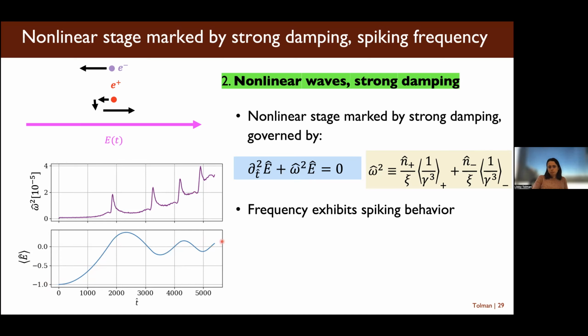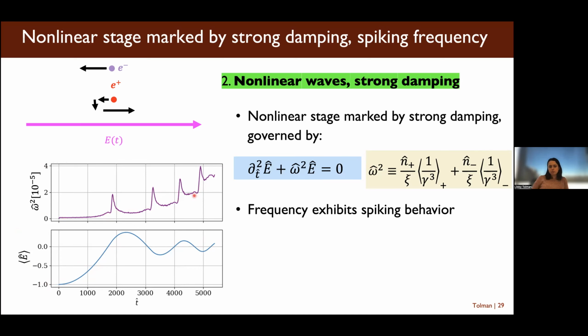You can see from the first equation in blue that to understand how this electric field evolves, we need to understand how the plasma frequency behaves in this period. You can see the plasma frequency in purple in the first plot, as a function of time.